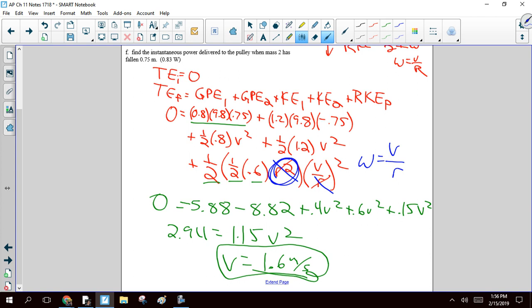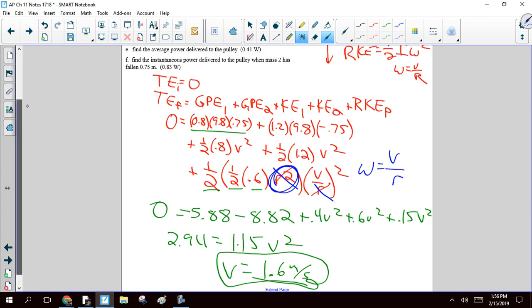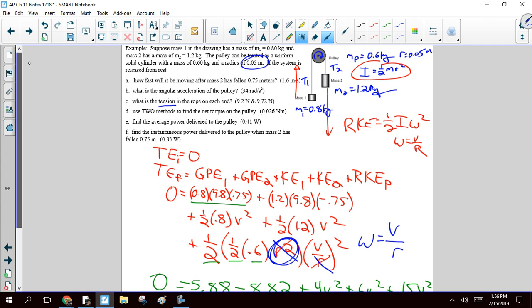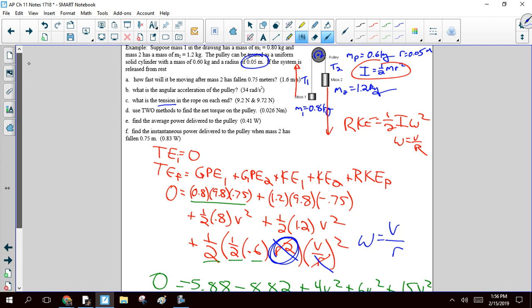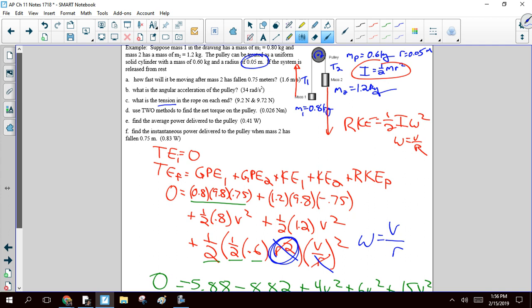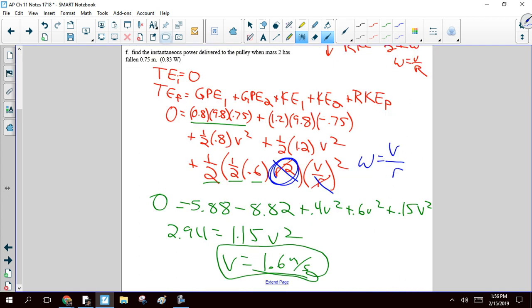Okay, what's next? Part B, what is the angular acceleration of the pulley? I'm realizing that in my notes I found the angular velocity of the pulley, which is not what it asks for. So, pause, think for a second.